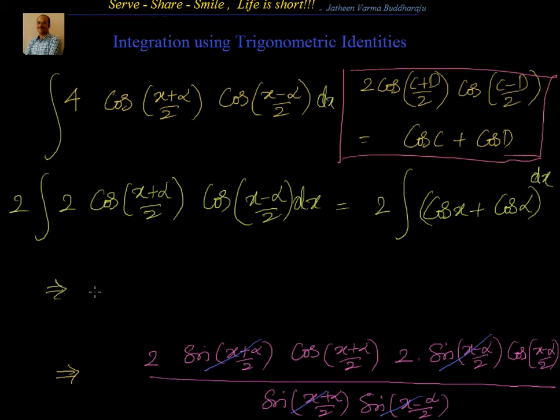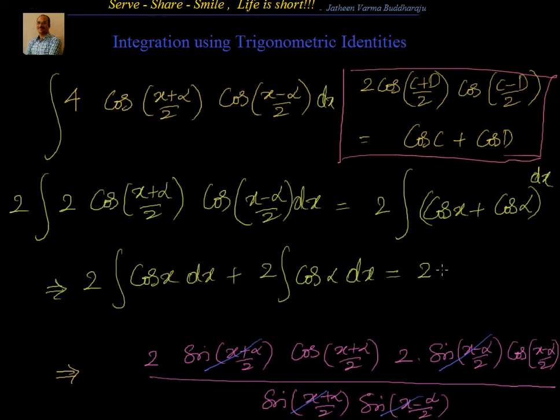So we'll integrate them separately now. 2 into integral of cos x dx plus 2 integral of cos alpha dx. Now the integral of cos x is sin x, and the integral of cos alpha is x cos alpha, because cos alpha is a constant. The integral of 1 dx is x, so I'll have 2x cos alpha.